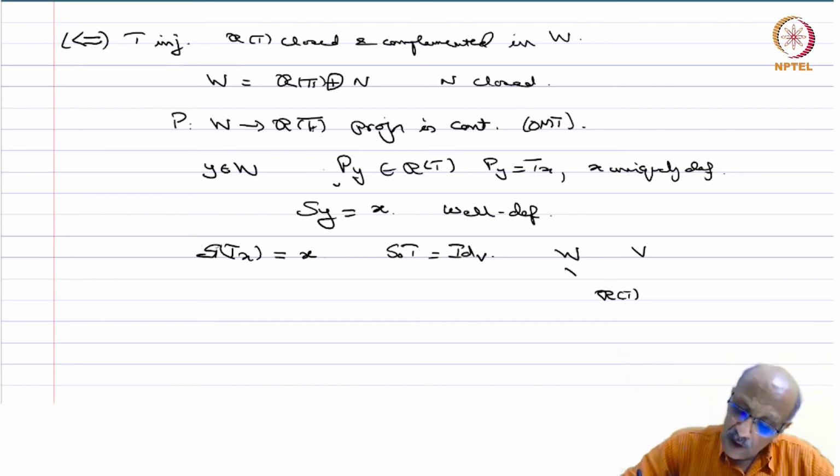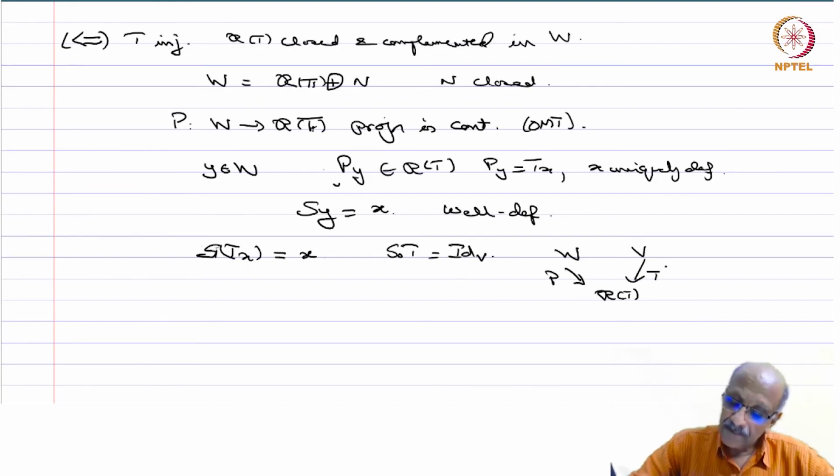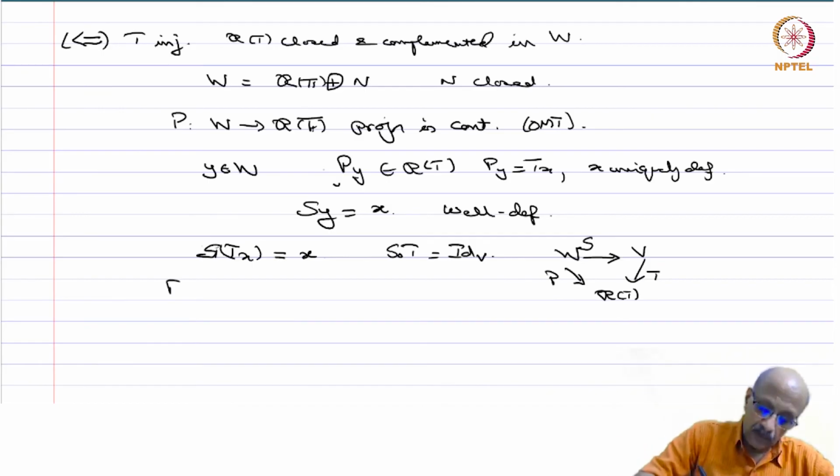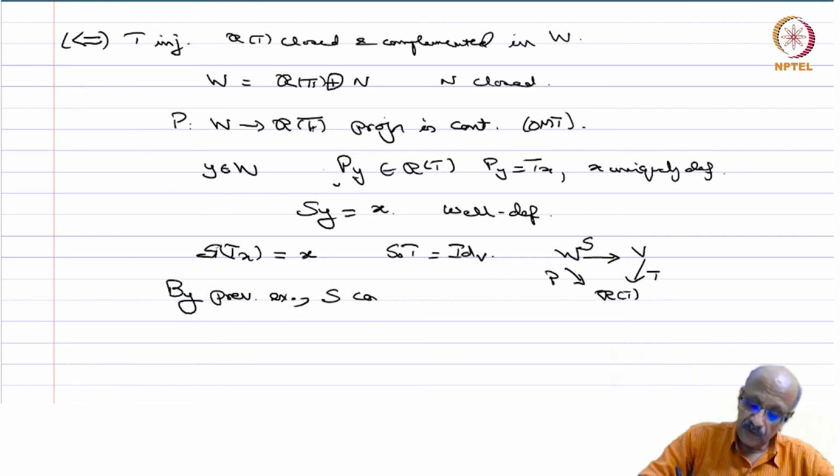From W to the range of T you have the map P, and from V to the range of T you have the map T, and the map S gives the unique x such that Tx equals Py, and that's exactly the previous problem. So by the previous exercise, S is continuous and therefore we have everything done.